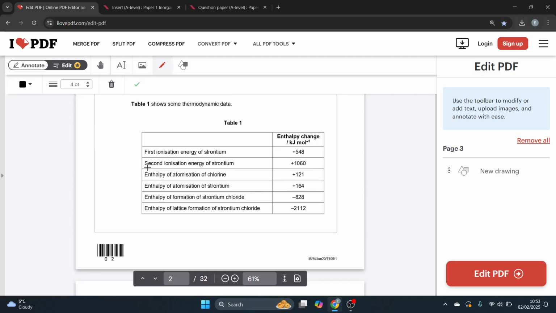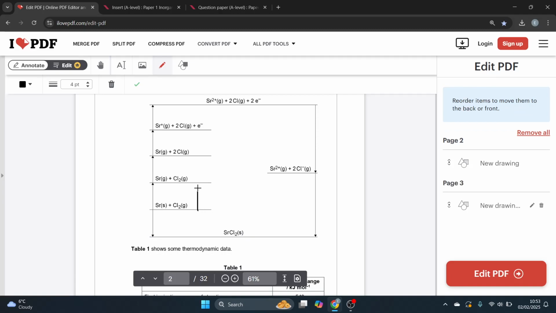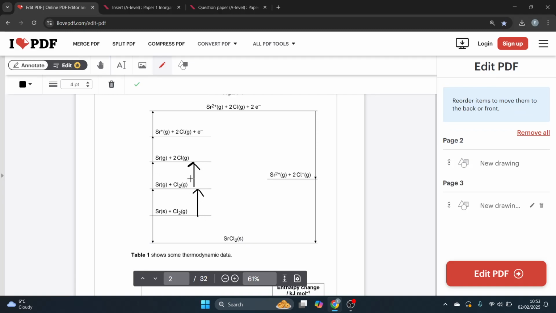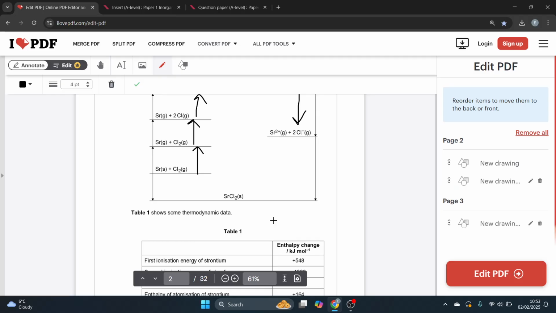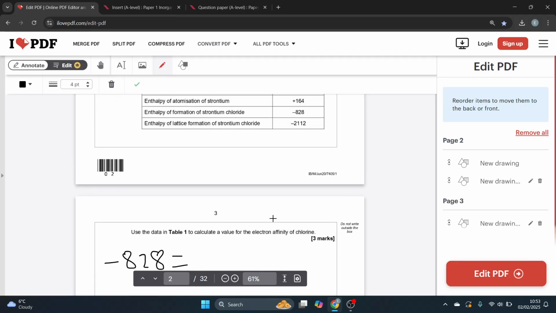Now, this is the atomization of strontium, this is the atomization of chlorine, this is the first ionization energy of strontium, this is the second ionization energy of strontium, and this is the electron affinity of chlorine.